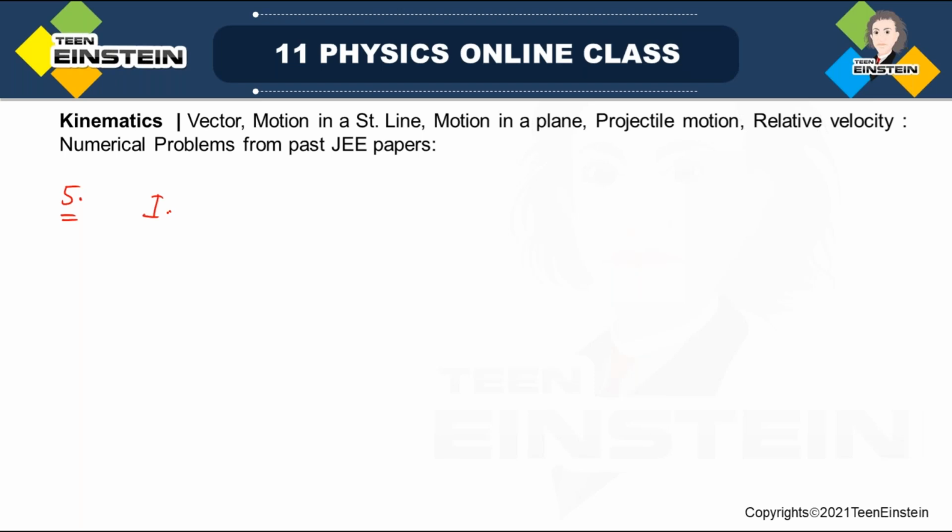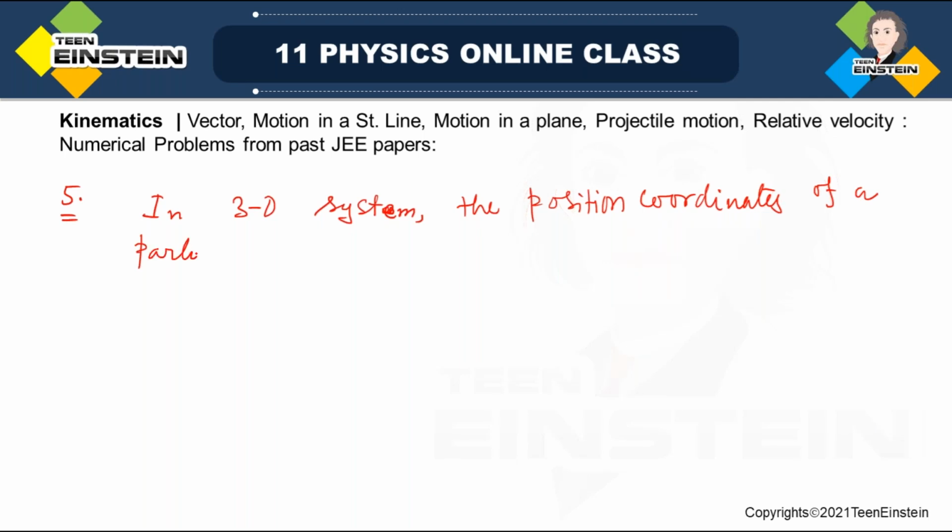In 3D dimension, that means 3-dimensional system, the position coordinates of a particle in motion are given below.